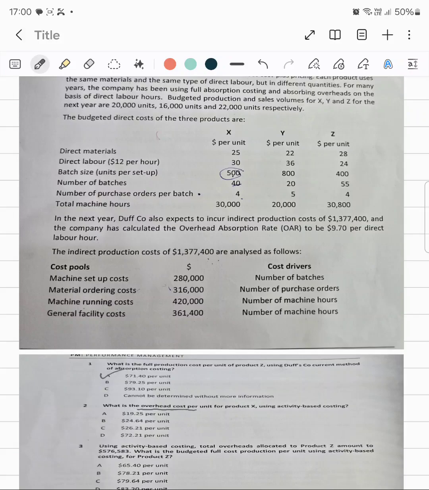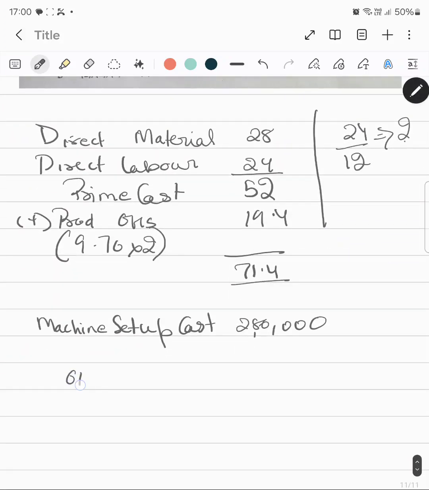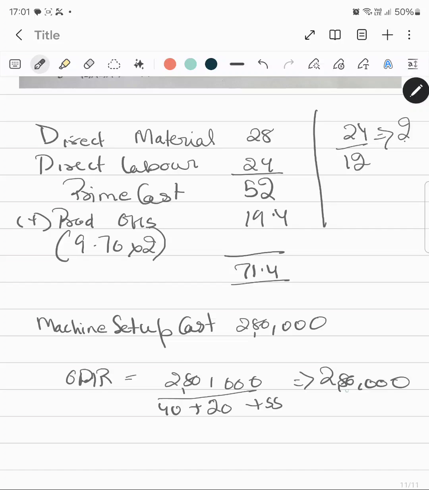Okay, so the OAR for this will be 280 divided by 40 plus 20 plus 55, that is 115, and the cost will be 280 divided by 115.